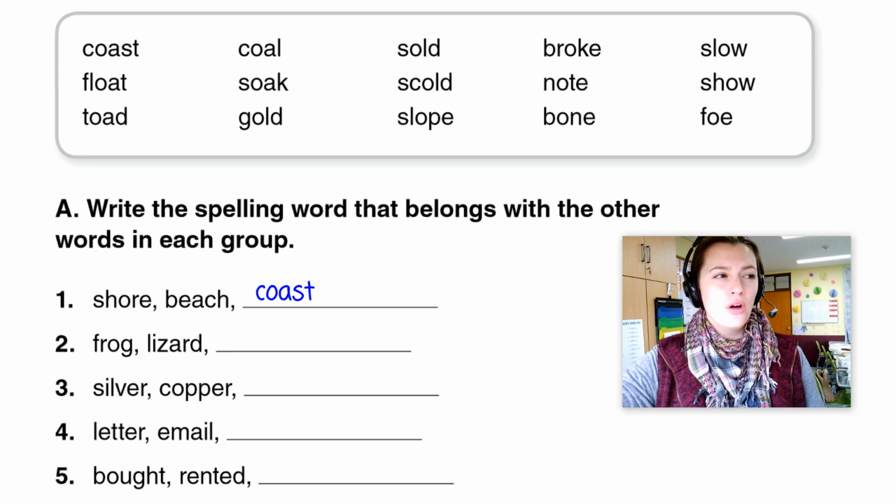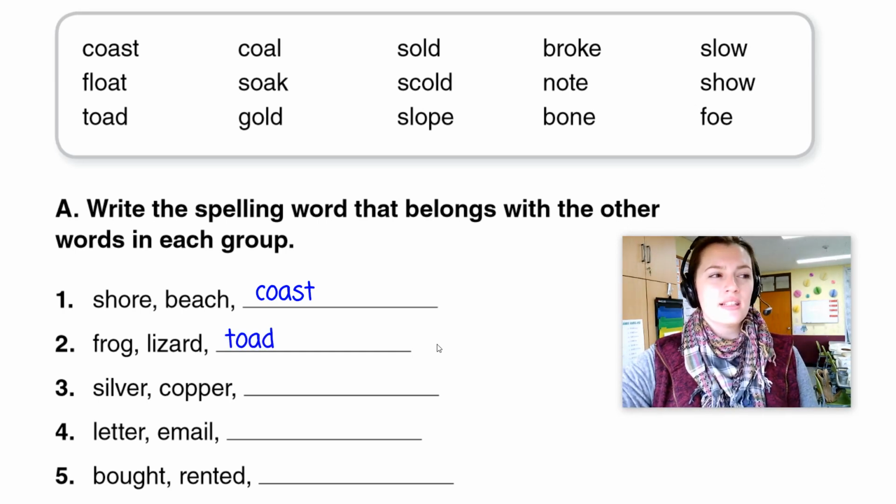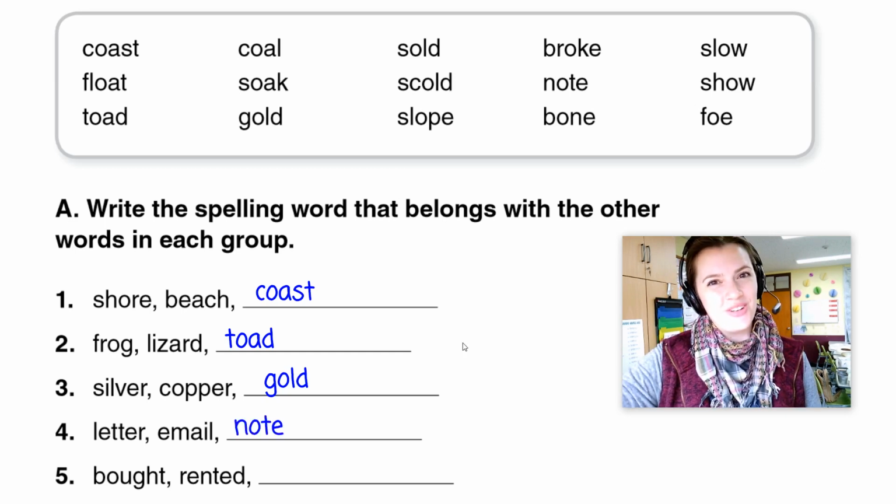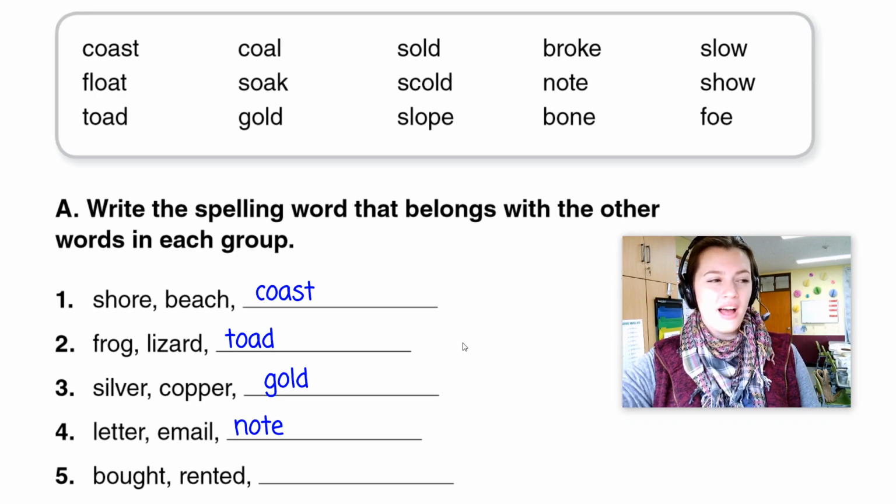Number 2, frog, lizard, toad. Number 3, silver, copper, gold. Number 4, letter, email, note. I like to write you guys notes. Number 5, bought, rented, sold.